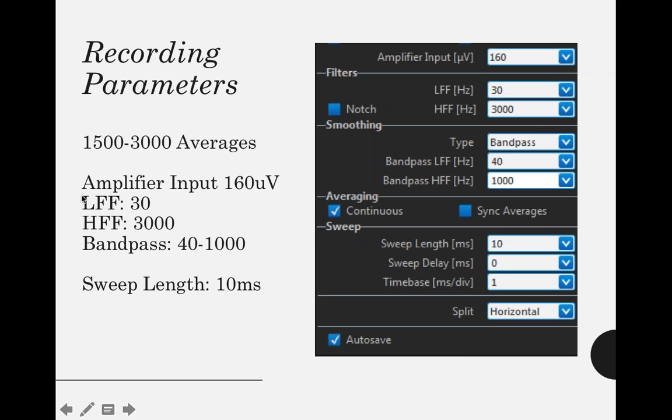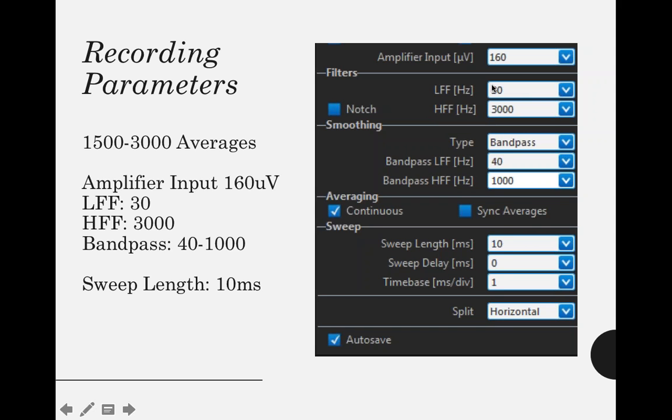The low frequency filter we're going to set at 30, high frequency filter at 3,000, and we're going to set our band pass pretty narrow, between 40 and 1,000 hertz. So again, the difference between your high frequency filters, your low frequency filters, and your smoothing filters, in this case the band pass, is, we'll look up here, this is the range of signal frequency entering the amplifier.